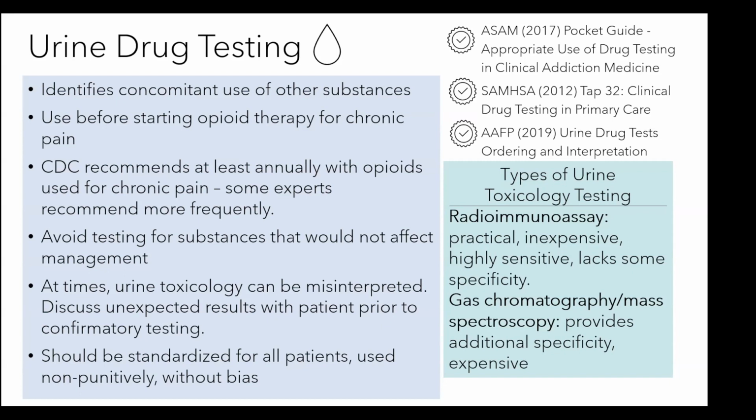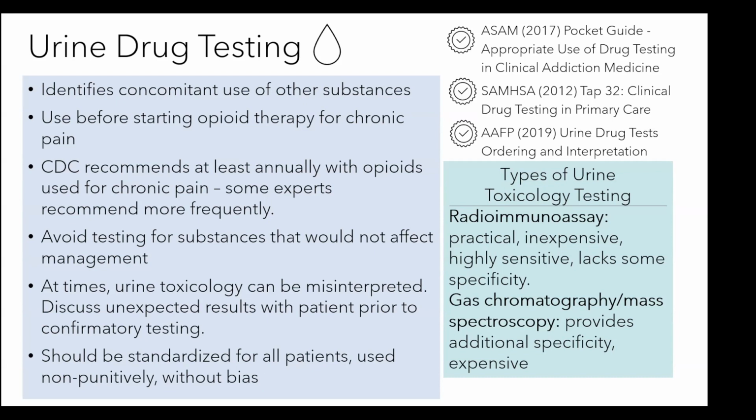But it's important to be familiar with how to interpret urine toxicology, as there can be limitations and it could get a little tricky. For example, specific opioid testing resulting from screening may be positive for metabolites of a medication that the patient is taking.